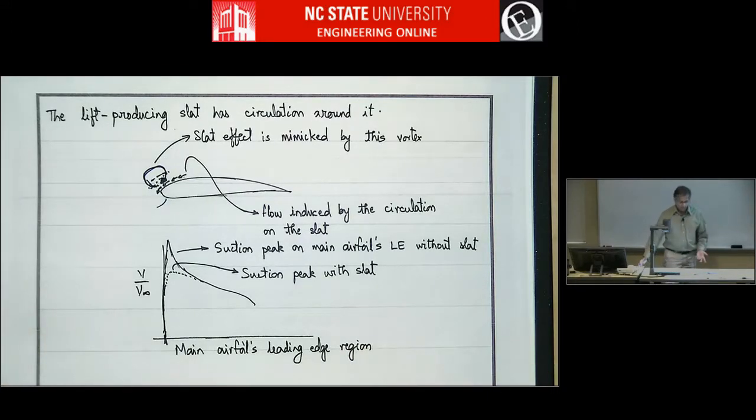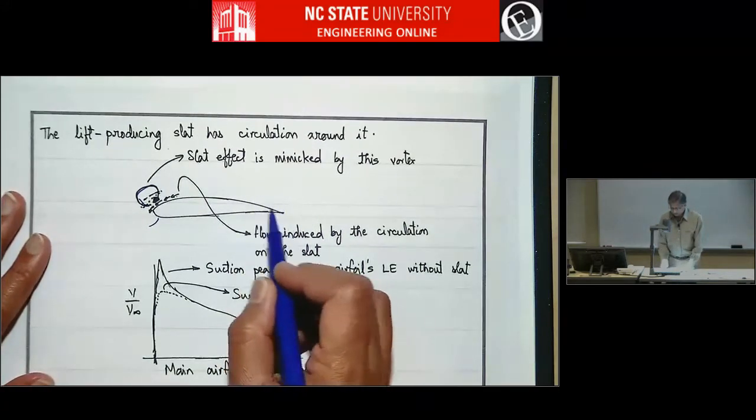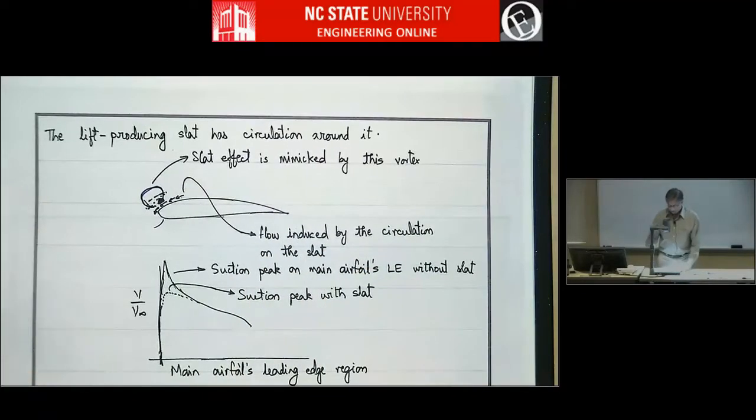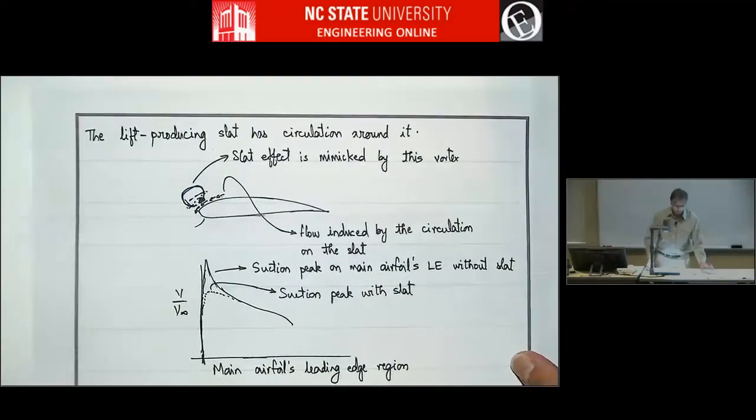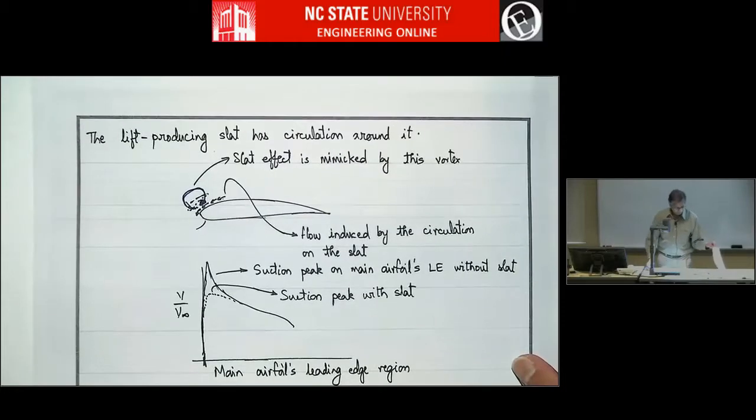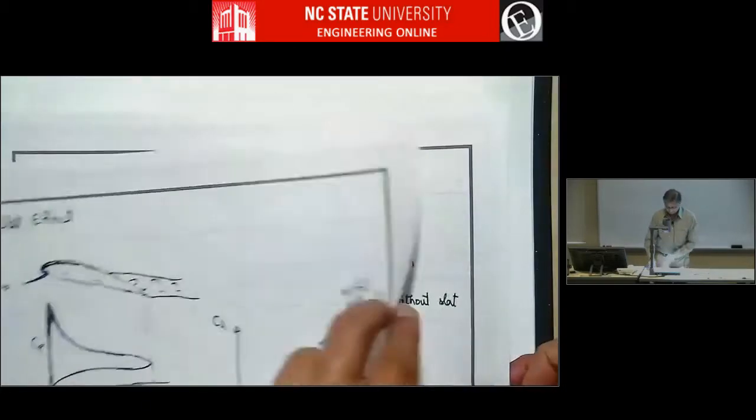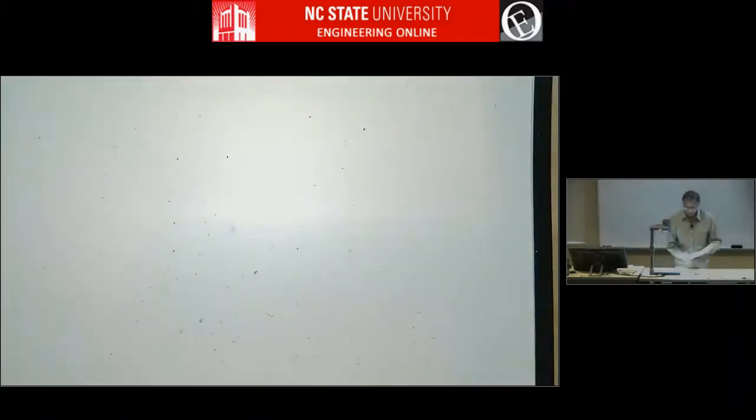And because of that, the separation on the main element is postponed, and so you get higher CL max and higher alpha. So in short, that's the slat effect.